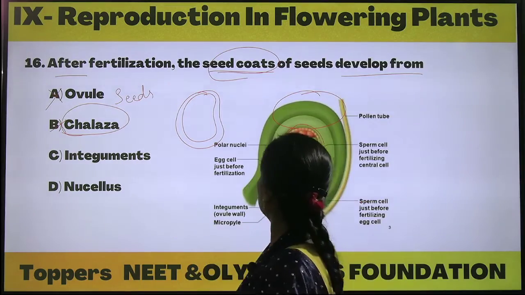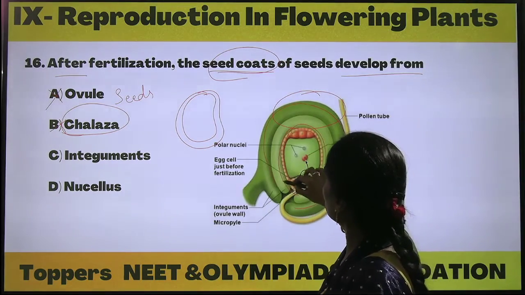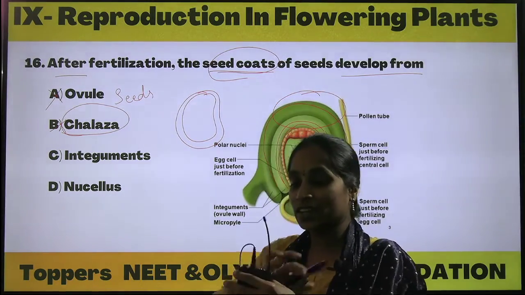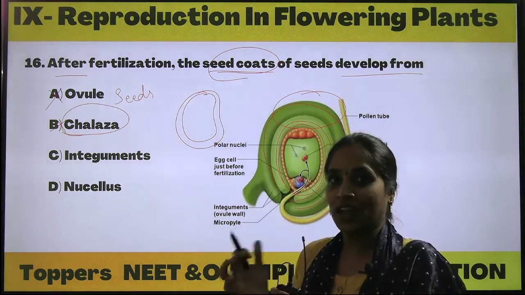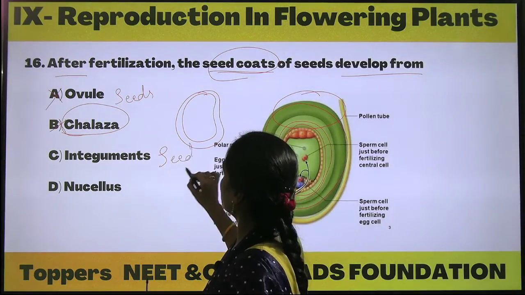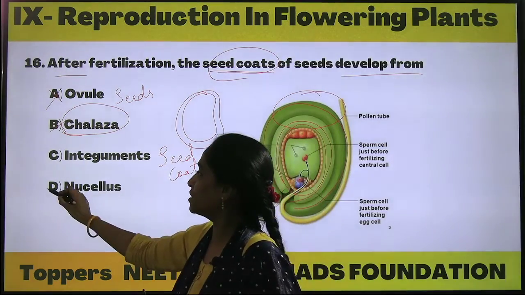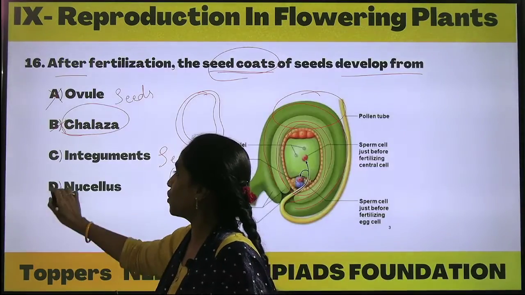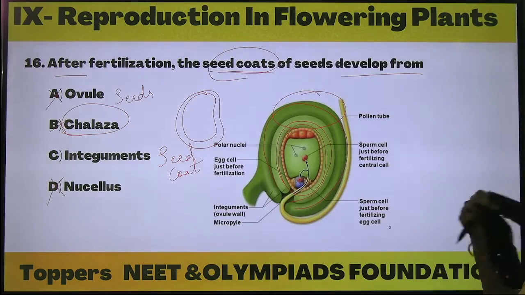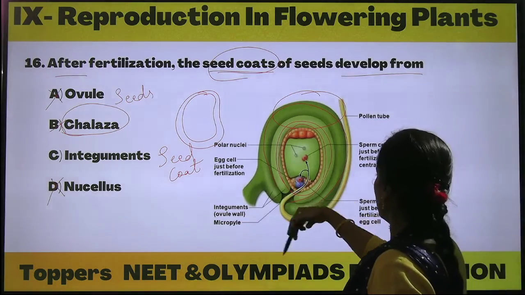And next are the integuments. These integumentary structures surround the seed and develop as the seed coat. And the nucellus is also the wrong option. Why? Because the nucellus is seen within the ovule.